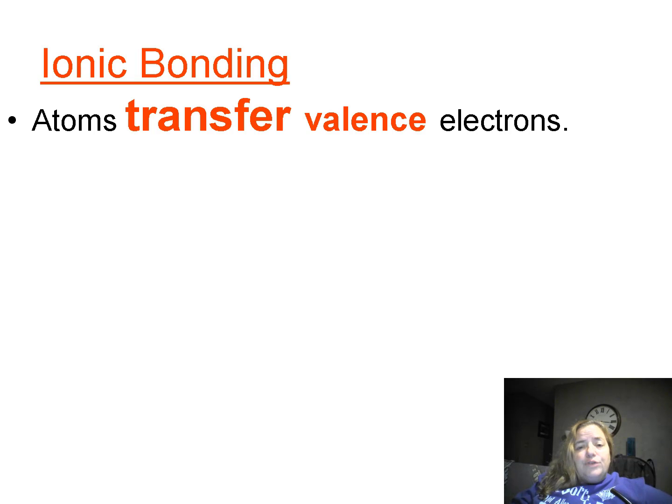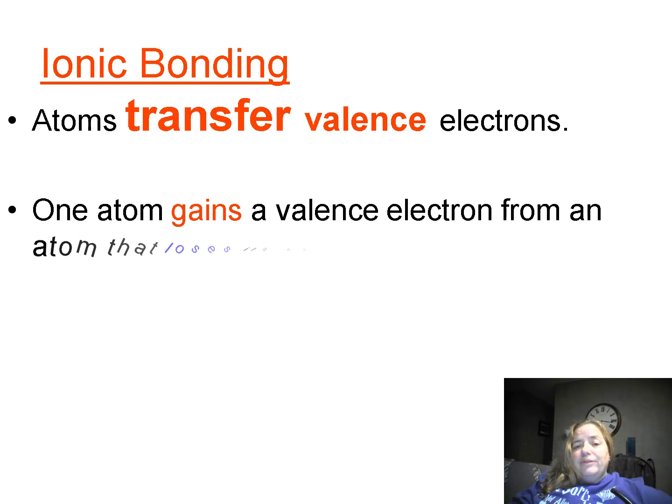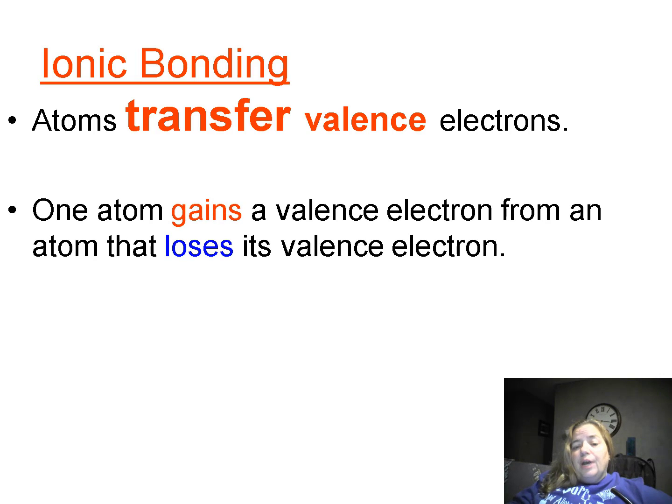So they transfer valence electrons from one atom to another one, which basically turns them into ions. One of them will gain electrons and one of them will lose electrons.